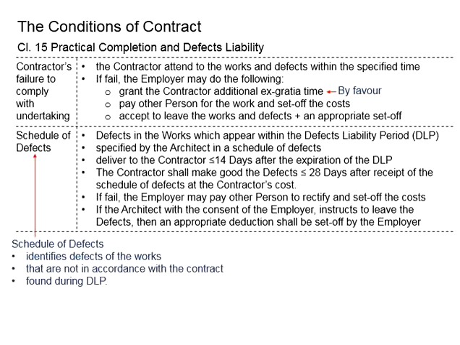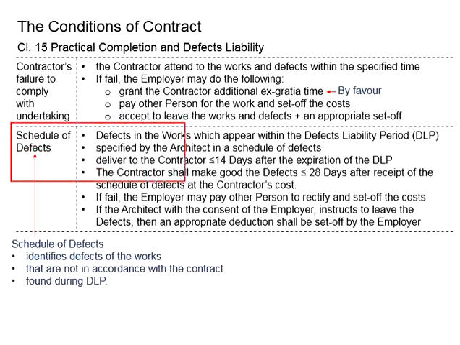If there are any defects, the architect will list out the defects in the schedule of defects, give it to the contractor, and the contractor will need to rectify those defects. It is like a warranty period to the employer regarding the work delivered by the contractor.